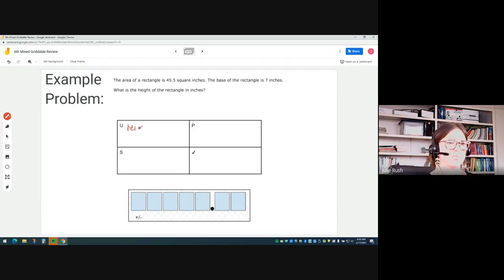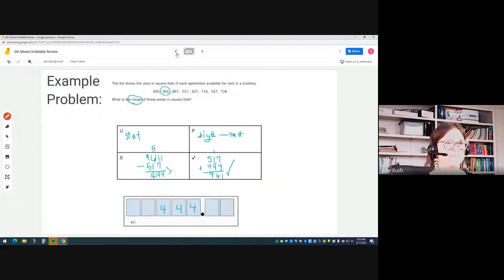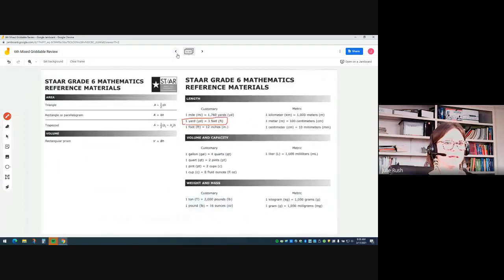And so this is a work backwards type of problem, okay? But I do need my formula for area. So you can go back to your formula chart, and we're looking for area. And it is area of a rectangle, which is right here, or a parallelogram. And my formula is the base times the height equals the area.